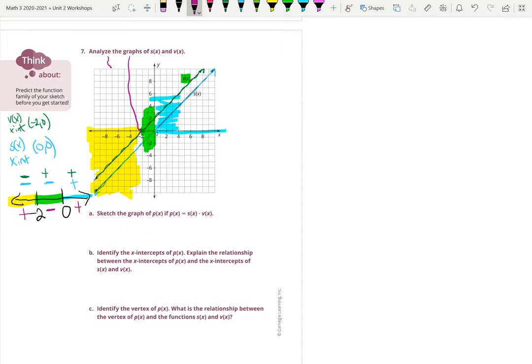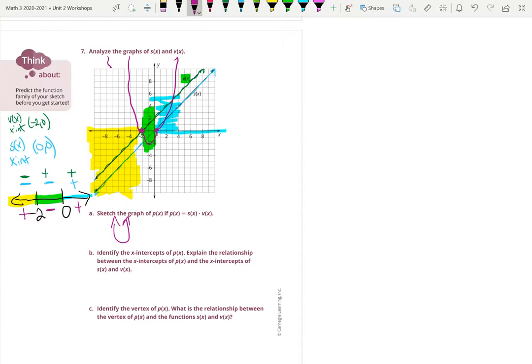Notice the product is above the x-axis. Now between negative 2 and 0, it's negative. But after 0, it's going to be positive again. So it's going to be negative, but it's going to go to this other 0. Voila, I have my sketch of my graph.